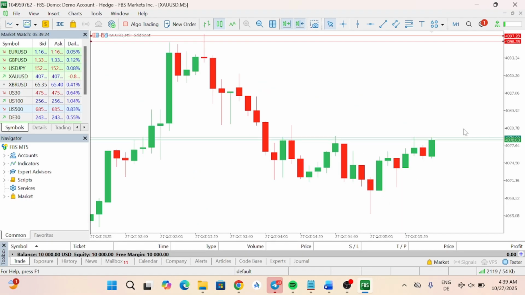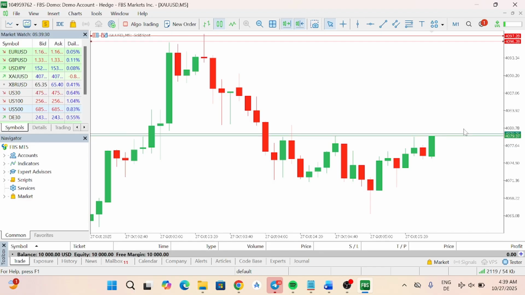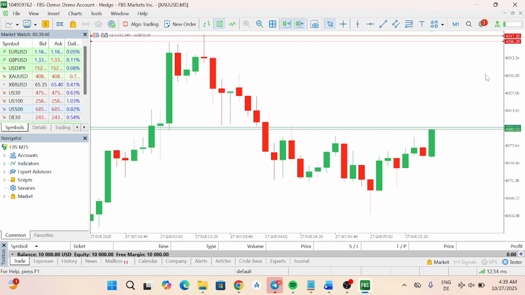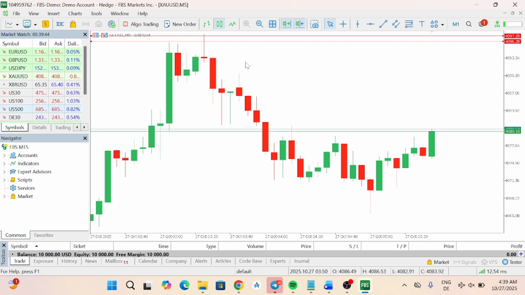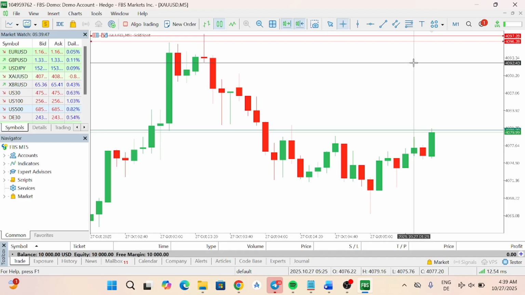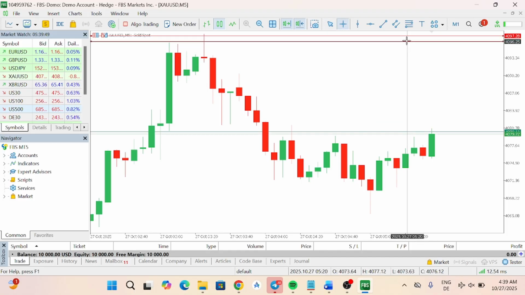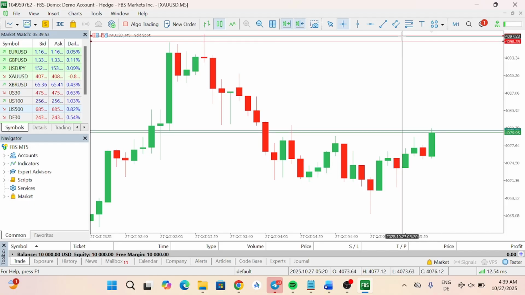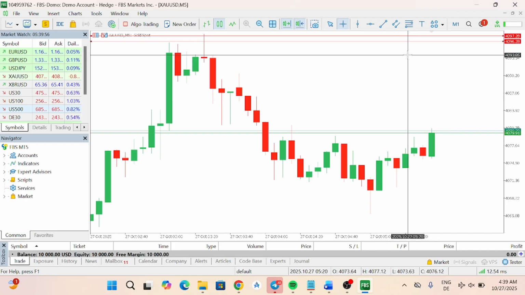So we're going to be talking about what a pip is. A pip is usually the last decimal place of a price. This is still the gold chart on the 5-minute time frame. I have marked out two levels to explain what a pip is. Let me use my crosshair. This is 4096.28 and 4097.28.